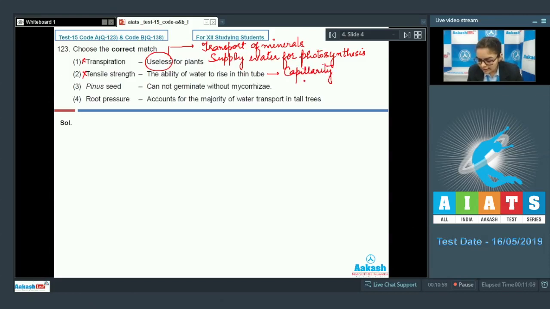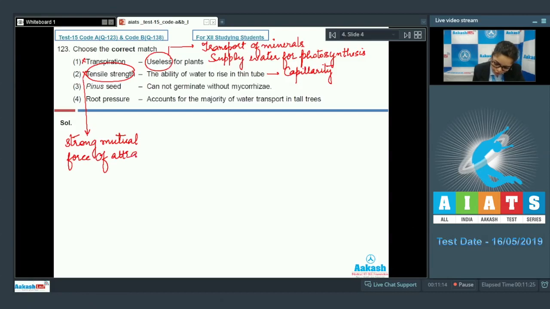It is known as capillarity. And what about the tensile strength? You can say that tensile strength is the strong mutual force of attraction seen in water molecules.